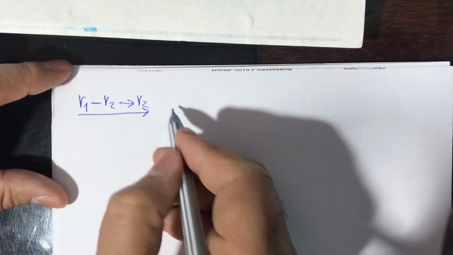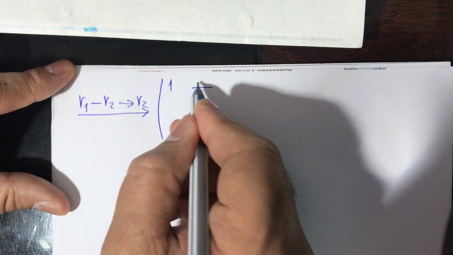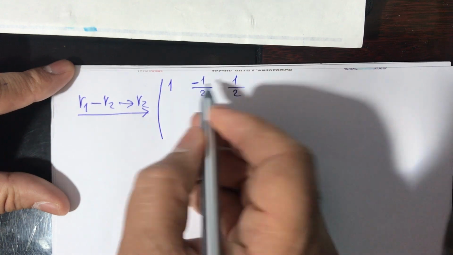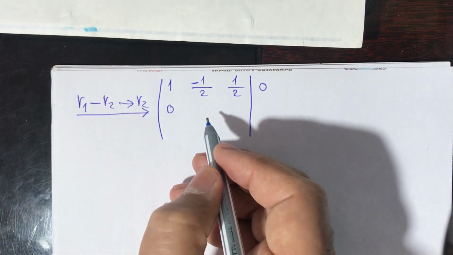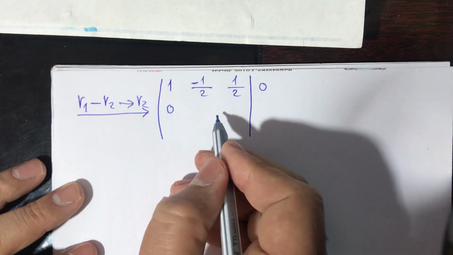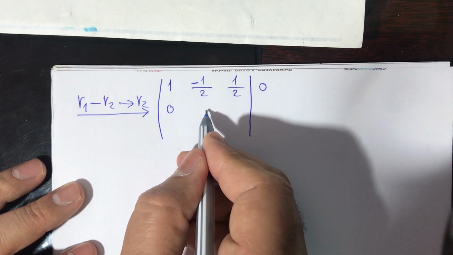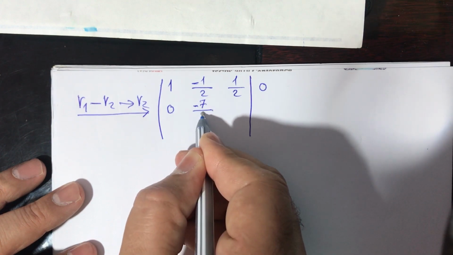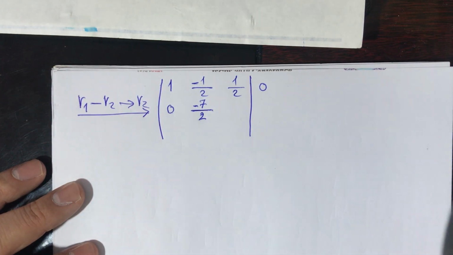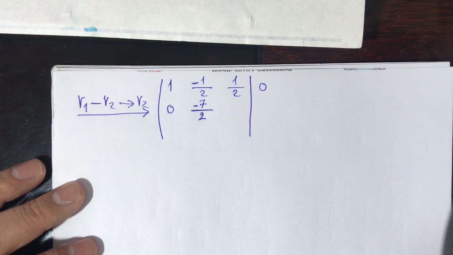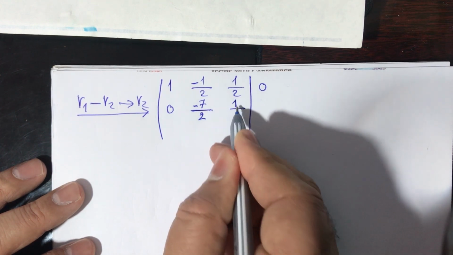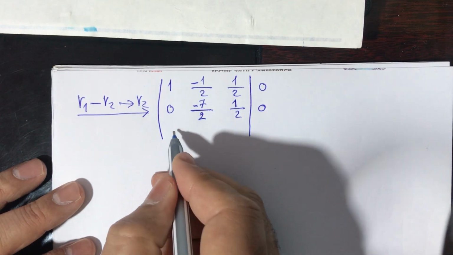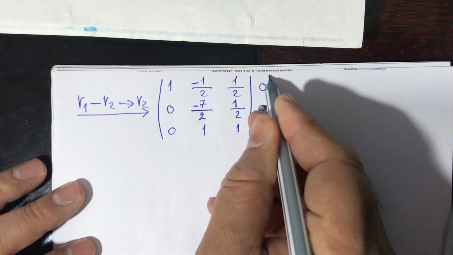This gives 1 minus 1 is 0, and 3 minus minus half is 7 by 2, because this is 3 plus 0.5, and here minus half, 0, and here 0, 1, 1, 0.